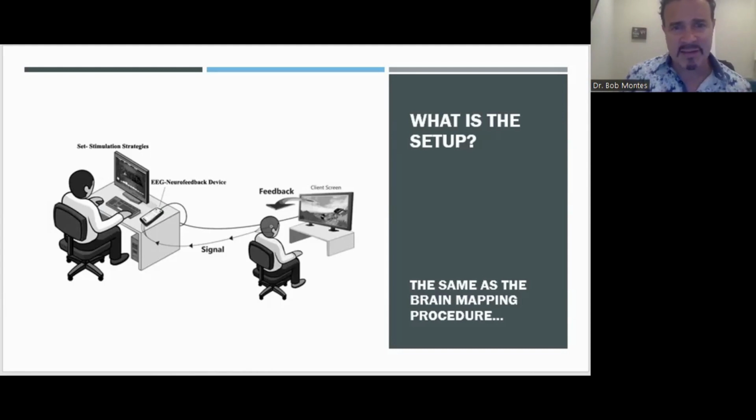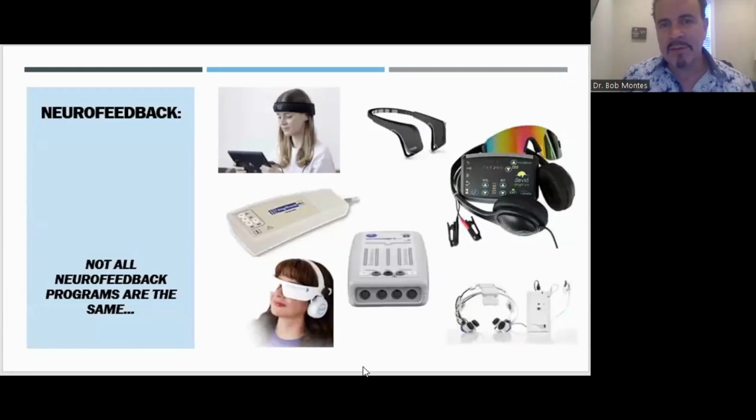The client just sits in the chair near the TV monitor while they're hooked up to these devices. And just like the rat in the Skinner box or the dolphin in the photo, the individual is rewarded a small bit at a time until they achieve success. Now, before going too much further, I want to indicate that neurofeedback is not the same in every situation.